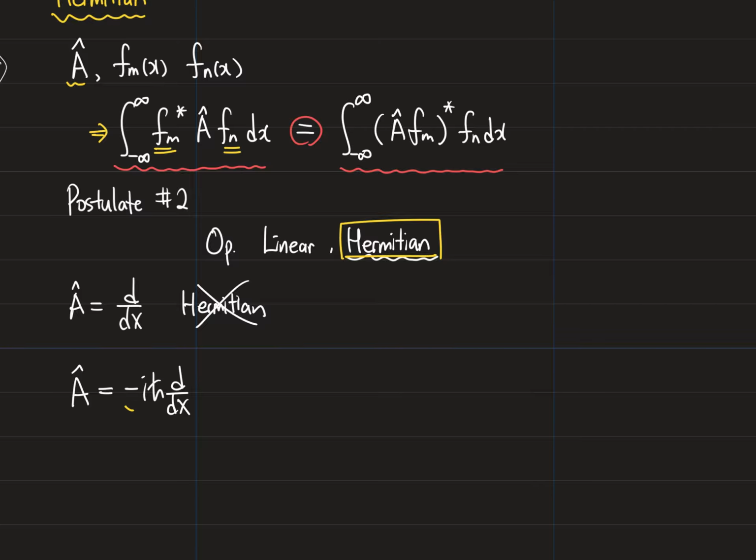The inclusion of minus i h bar is precisely what is needed to satisfy the Hermitian condition, making this operator A hat physically valid and able to represent a physical quantity. You all know that this is the form of the x direction momentum operator.